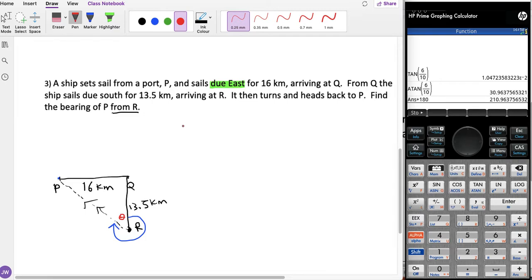The first thing we're going to need is our inner angle. The reason we need that is because that's something we can actually find, as opposed to the outside right now. So my 16 is going to be my opposite, and this is the adjacent, and OA.